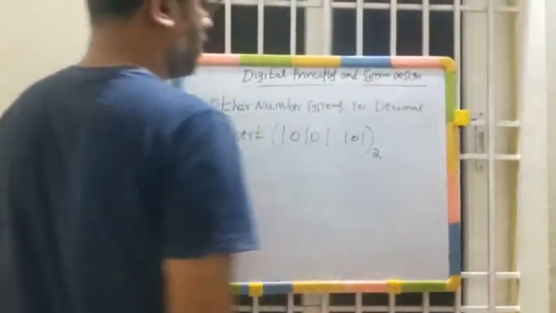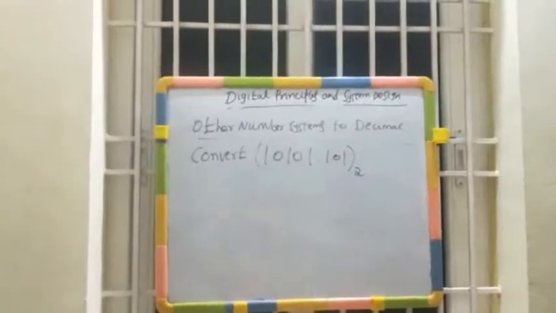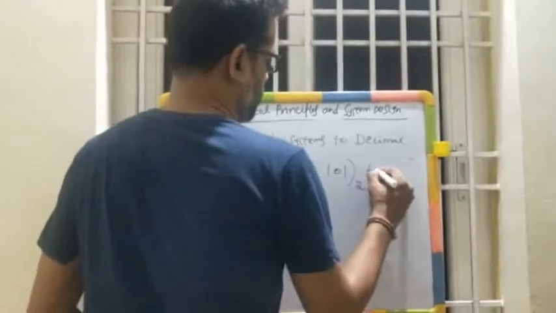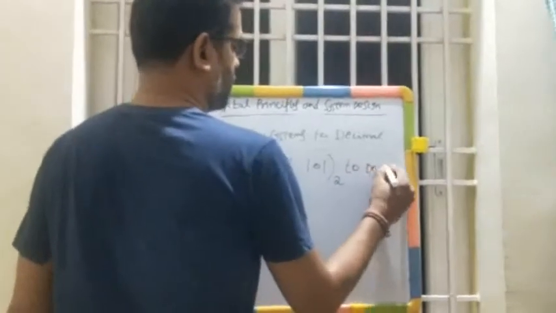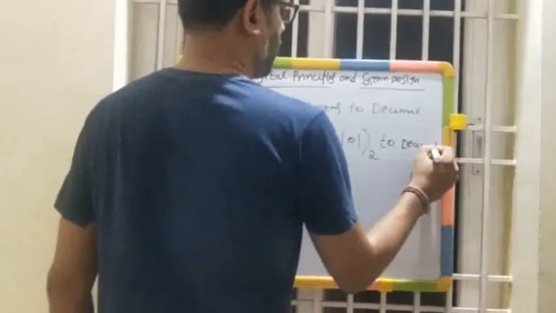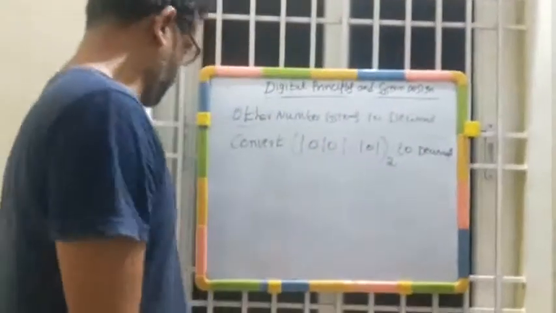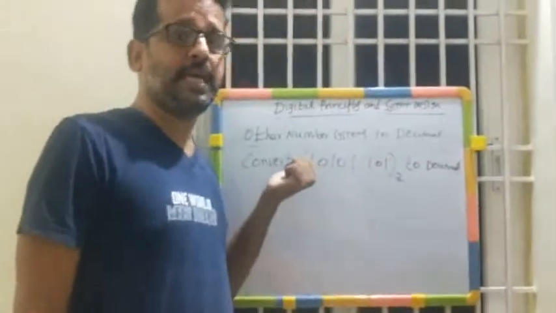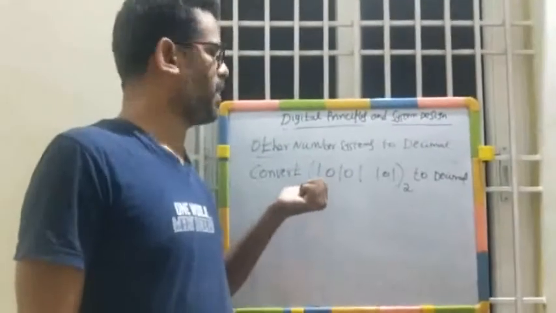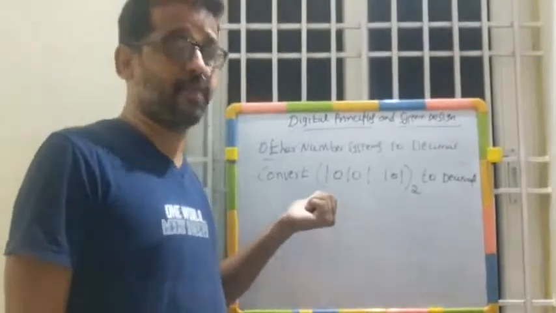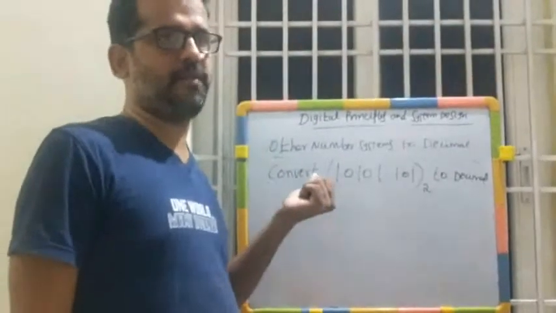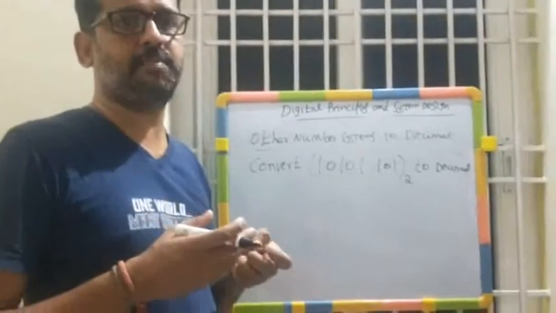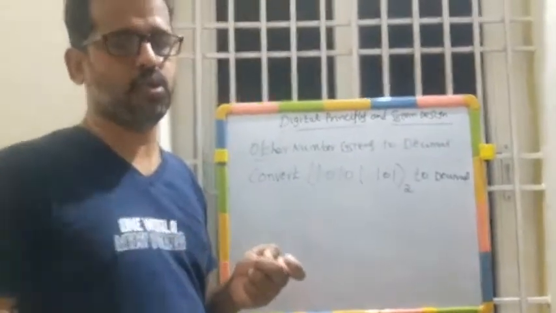As I already told you, if you want to convert to decimal, we have to multiply each binary digit by integral power of 2 in case of a binary number, and in case of an octal number, we need to multiply each octal digit by integral power of 8 and so on.